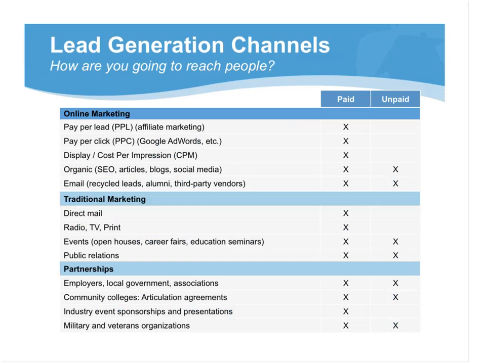We divide up the marketing channels into three buckets: online marketing, traditional marketing, and partnerships. The other interesting way I like to organize this is by talking about paid media and unpaid media.